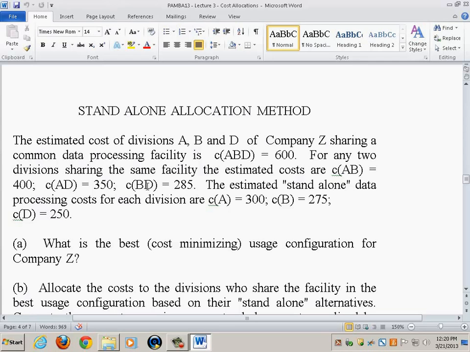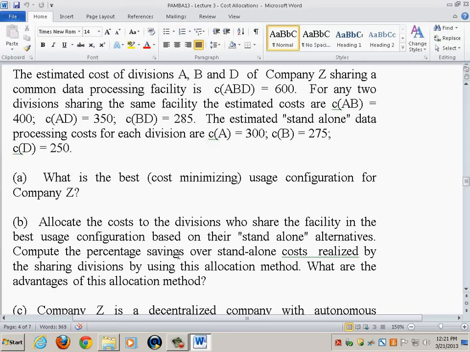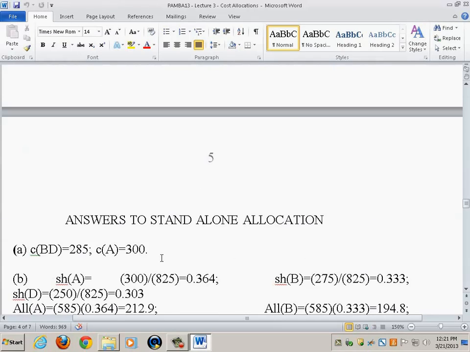So if you're going to do these estimates, one thing you could ask yourself, based on these estimates, if you believe they're accurate, is what is the best cost-minimizing configuration for company Z? If you go through all the possible configurations, you'll see that the cost-minimizing, best configuration is for B and D to have a joint data facility and for A to go it alone.